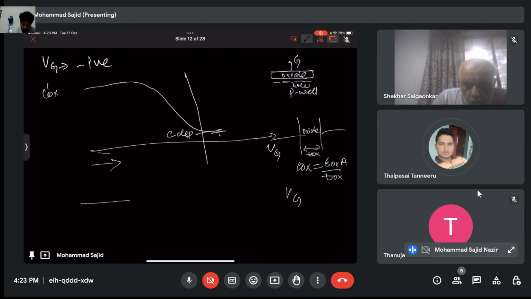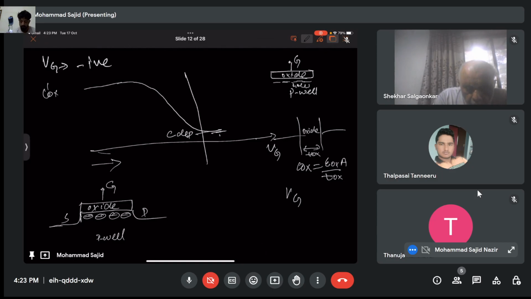Because this is not only a single capacitor, but you have here P well, this is source, drain. There will be depletion as well, right? And then after depletion, there will be inversion.